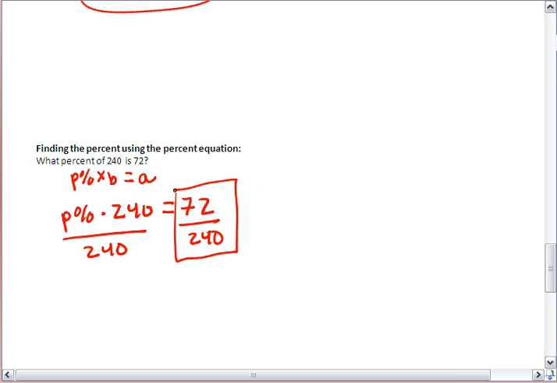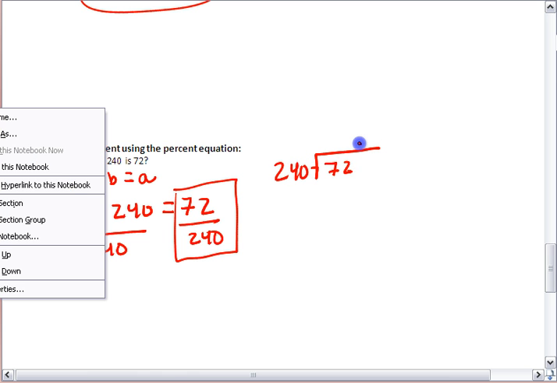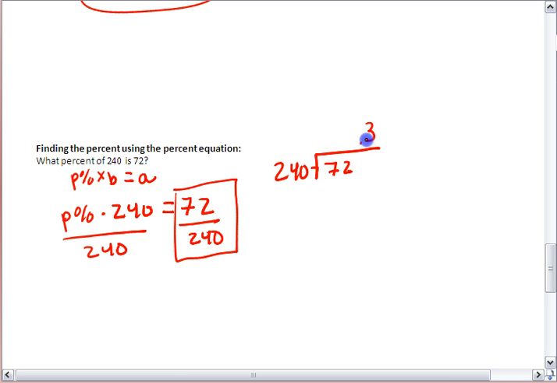So if I take 72 and I divide it by 240, and again, you can use your calculator for that, that's going to give me 0.3.